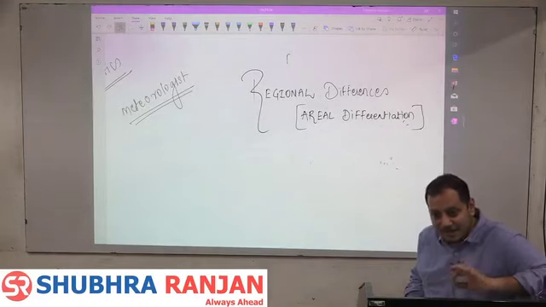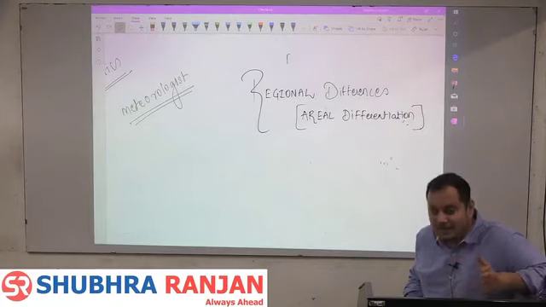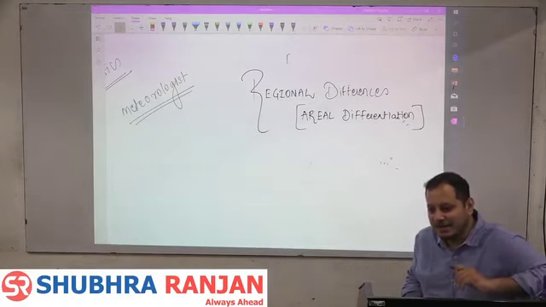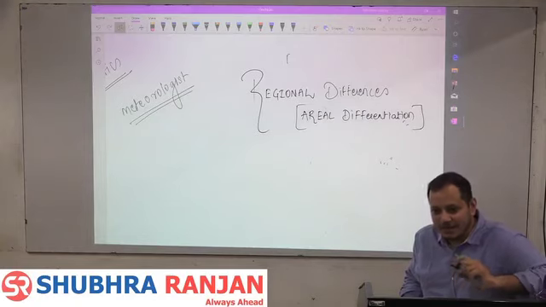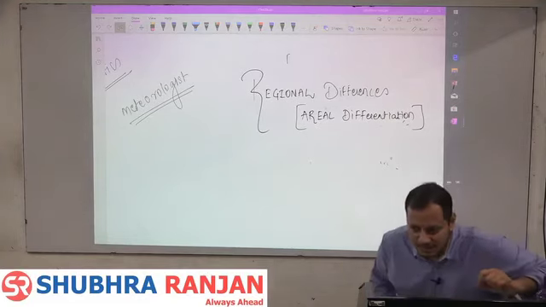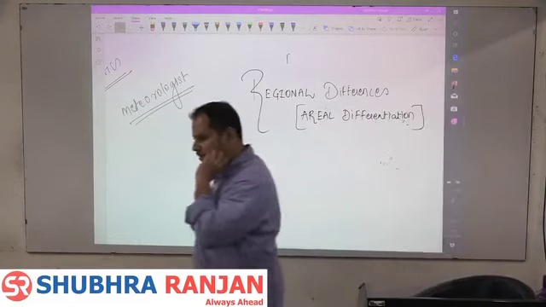And come to Trevartha's D type of climate. How many types? DA, DB, DC, DD. 4 types. Is this on the basis of rainfall or temperature? Temperature. That is the first difference.